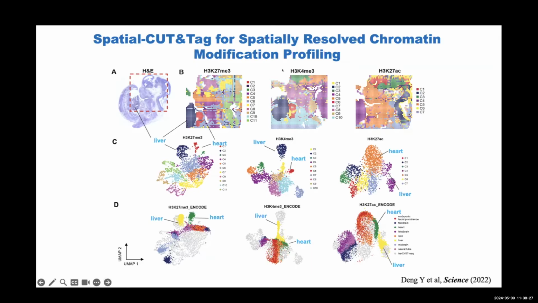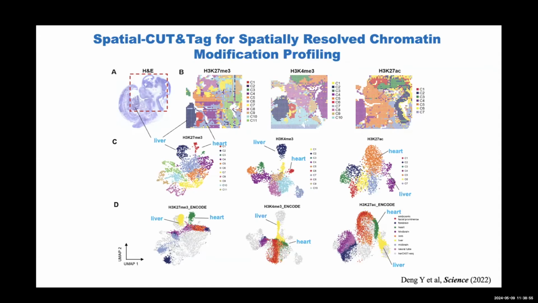For example, right here, the K4 trimethyl doesn't really resolve that much between here and here, but the other histone mark, K27 trimethyl, allows you to resolve other features. That tells you this histone modification does play a role in the development of those tissue or cell types, while this one doesn't play a key role over here.